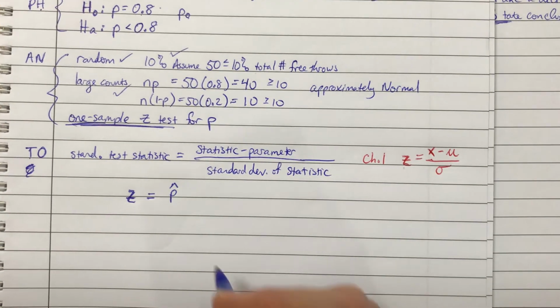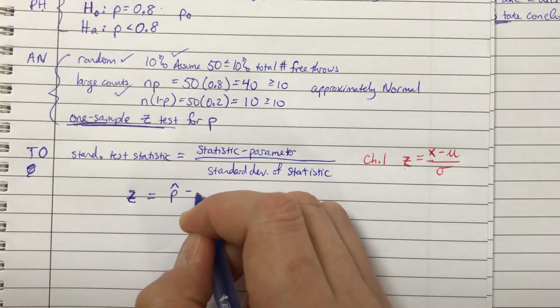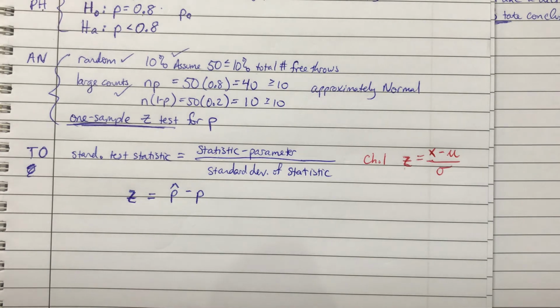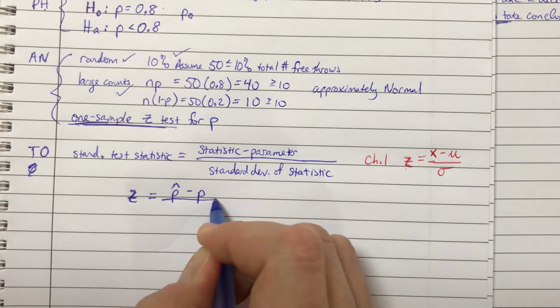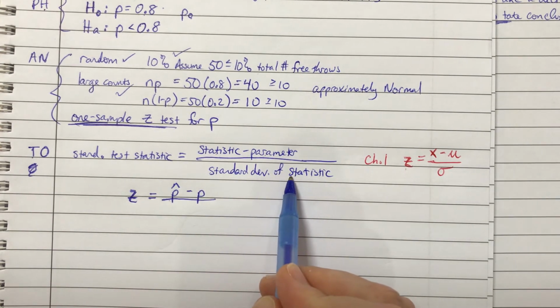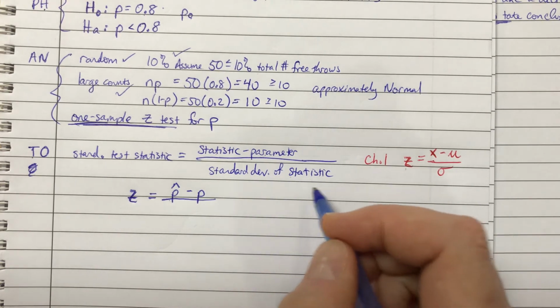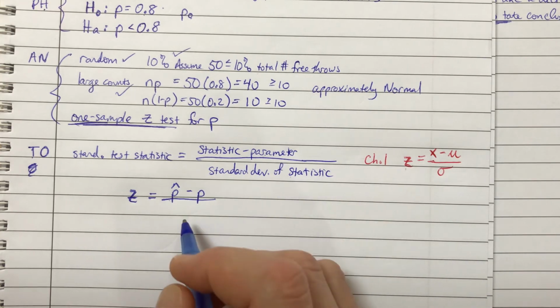That's where we're gonna use it. Minus what we claim is the true proportion, what Mr. Cavell claims is the true proportion, that's the parameter, divided by the standard deviation of the statistic. Now, we don't know the real standard deviation, so we have an expression for that.